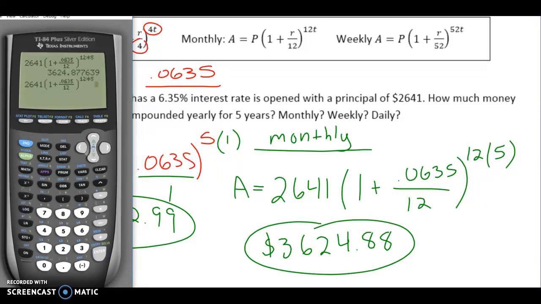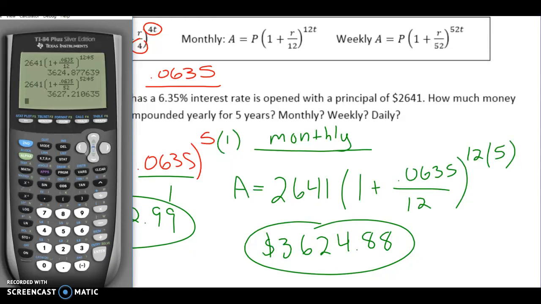And now you can just arrow back and change all the 12s to 52s. Saves you a lot of time. Second enter is how you get back your previous statement. And then arrow back to the left, change all your 12s to 52s, and that answer is weekly.